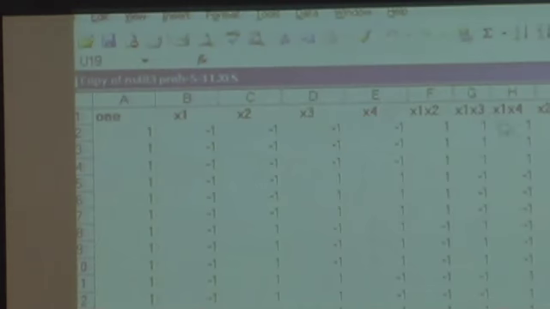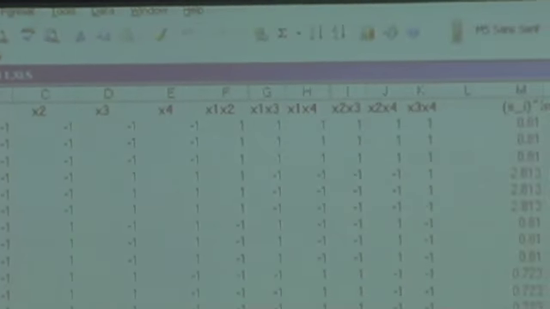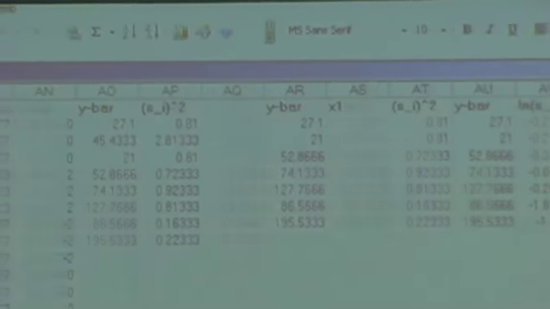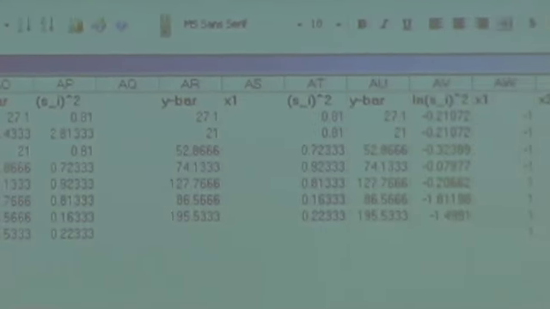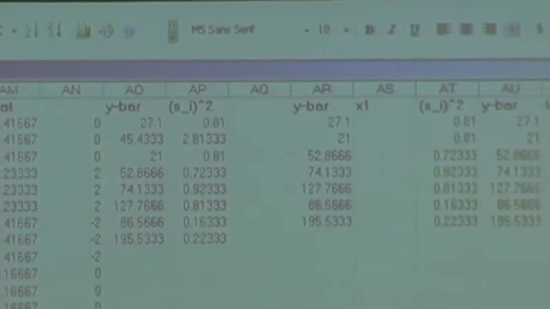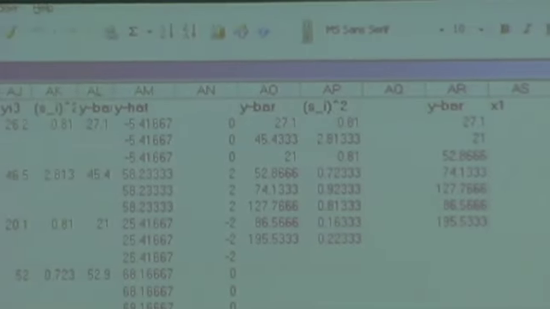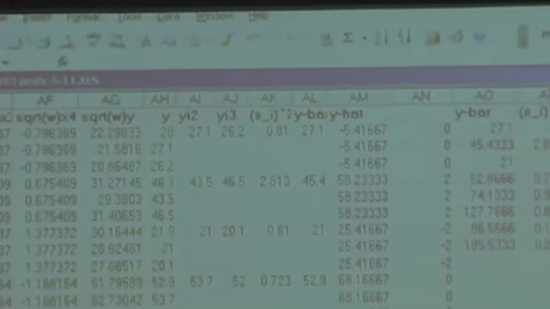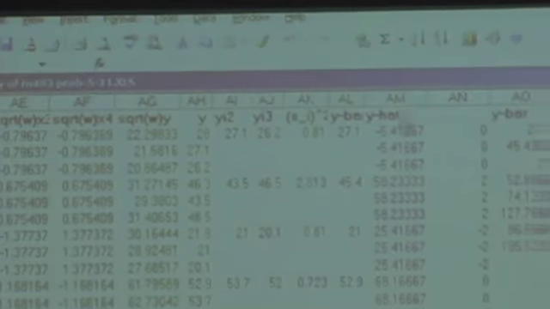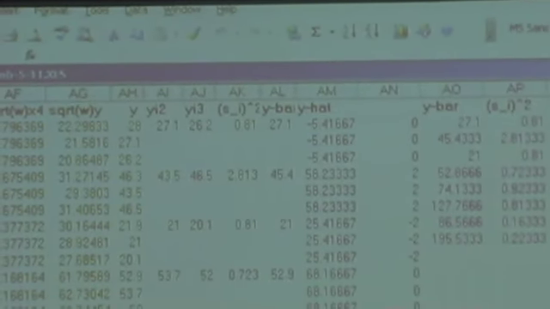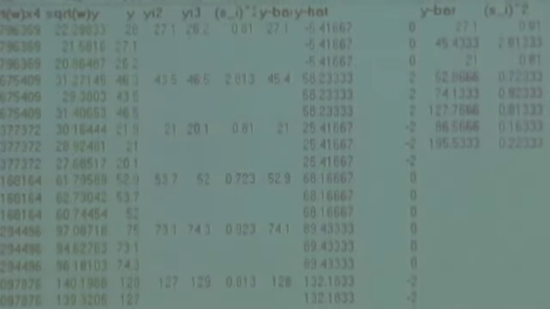But what I'm looking at is just the original data. The y value, where did I stick it? Ah, with the y values. And these are the y hats, I believe, from just the original multiple regression on x1, x2, x3, and x4.